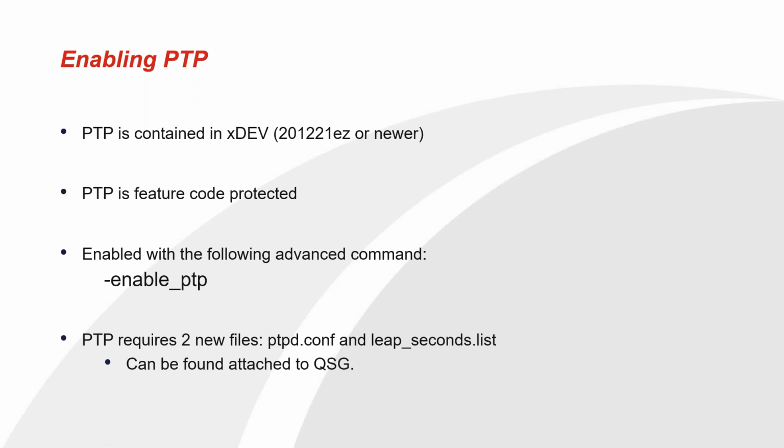So this is a ptpd.conf file and a loopseconds.list file. And these can be found attached to the quick start guide, which is on our support site. And I'll show you the link to that later on. If you purchase PTP, then you'll also be given a link to the quick start guide where you'll be directed to download the files as well.